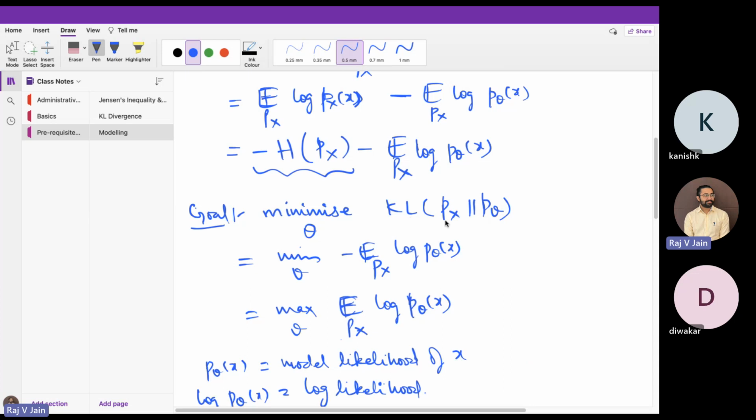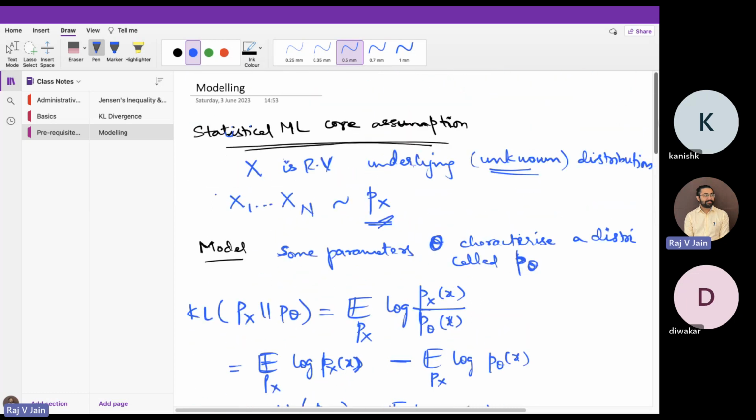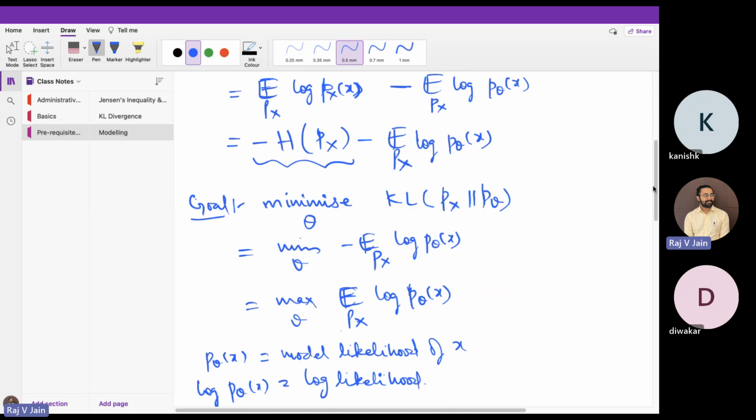If this becomes equal to 0, then you have approximated your Px perfectly, 100% replicated. This is the story that we have been building upon till now.